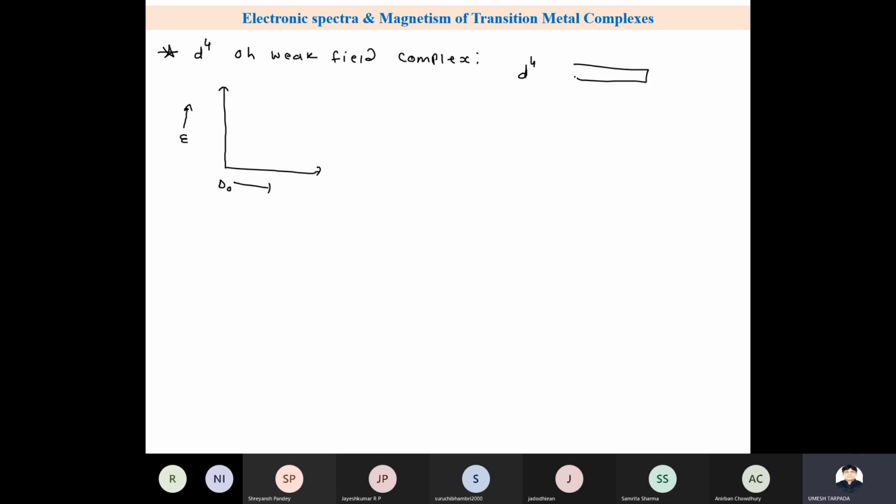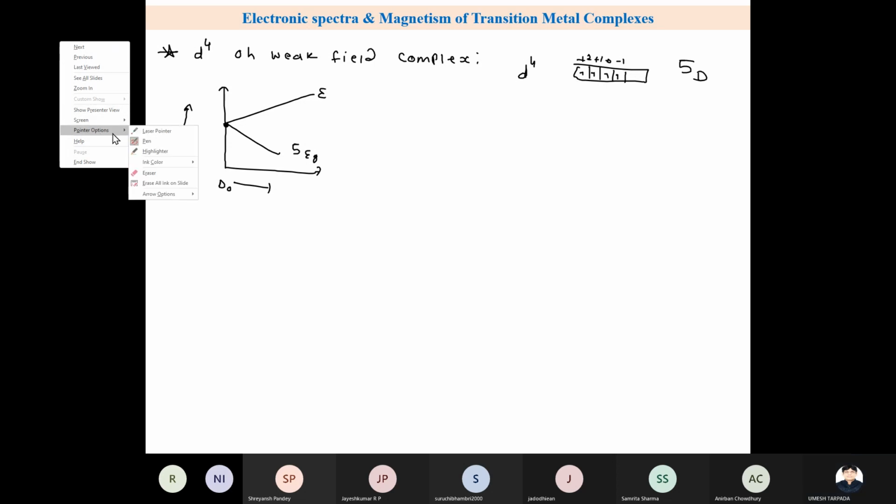In the case of d4, +2 +1 0 -1, again a D term. Multiplicity is 5, so it's 5D. Yes. But the difference between these two is that the ground term gets changed, so you can say here is a transition from quintet Eg to quintet T2g.